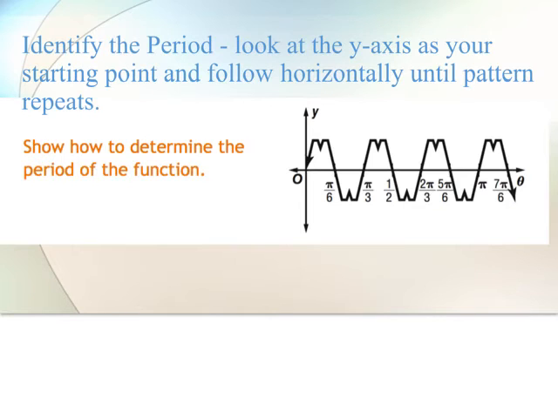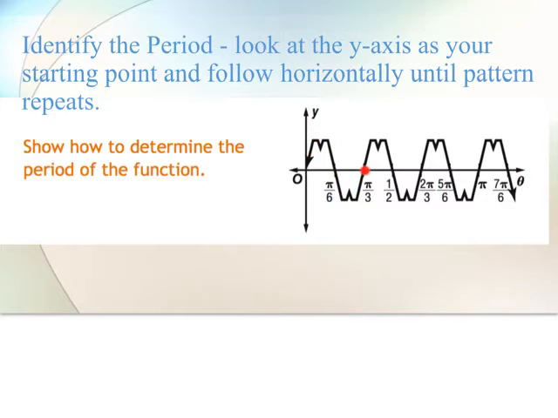Okay, so then here we talk about identifying the period, and if you remember the definition of the period in the vocab, it's where a complete cycle is arrived at. So I always start around the y-axis, where my graph touches the y-axis. So in this case, it's touching it here at the ordered pair of 0, 0, the origin. So I go up, down, right back up where I started.